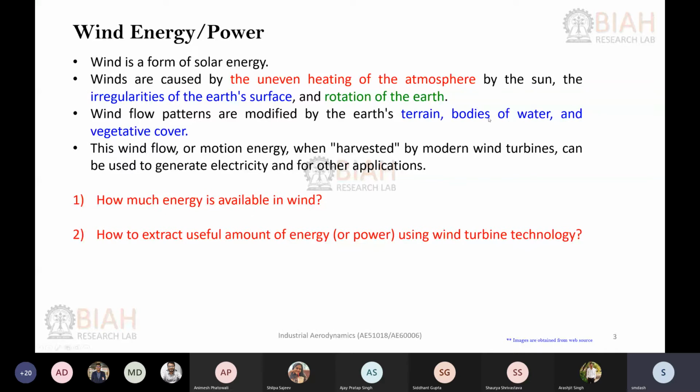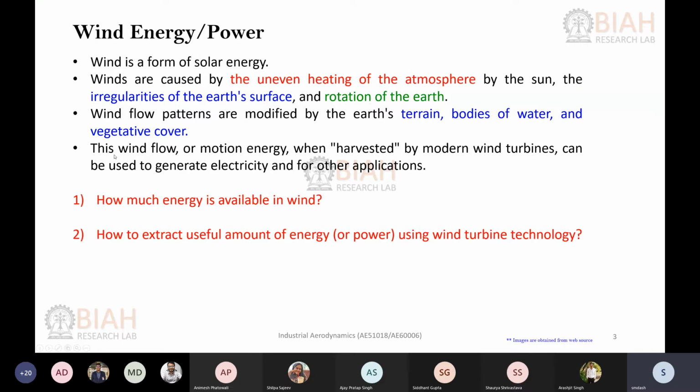Due to the temperature gradient, we saw that there will be a change in the density of the air, and because of that there will be circulation. There are different types of natural circulations, as we have observed previously. That basically happens because of the presence of water bodies, terrain condition, and vegetative cover.